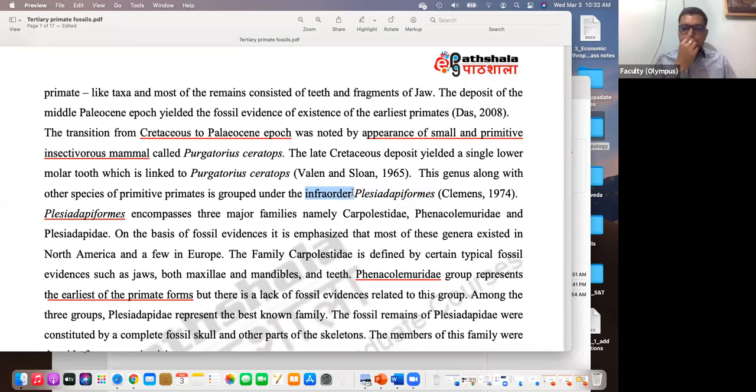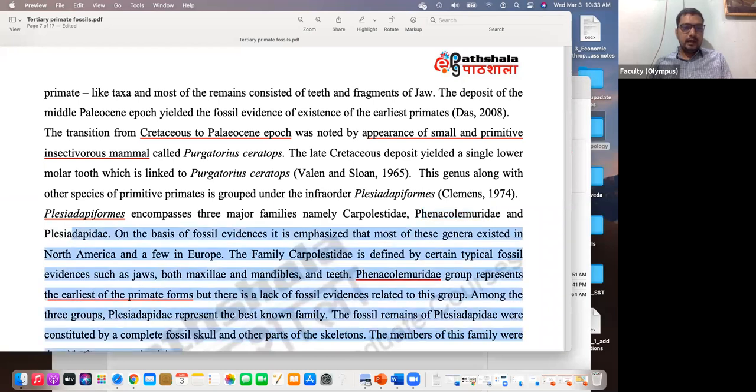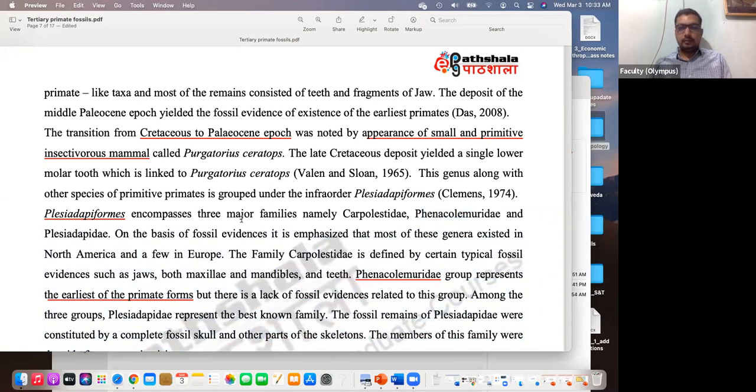Within the Plesiadapiformes, there were three major families: Carpolestidae, Phenacolemuridae, and Plesiadapidae. These are the names of the families put under this first category of primates.